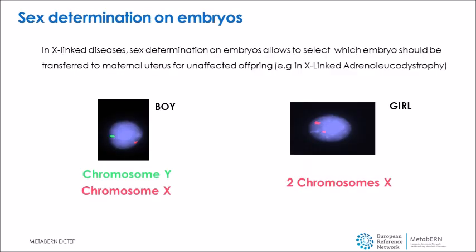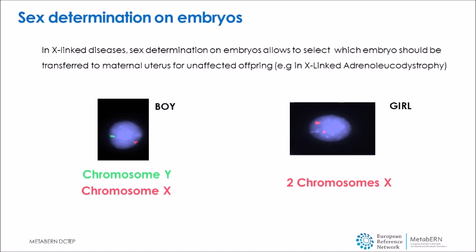In X-linked diseases, sometimes the only way to avoid transmission of a devastating disease is sex determination on the embryo, to select which embryo should be transferred to the maternal uterus to have a healthy offspring.